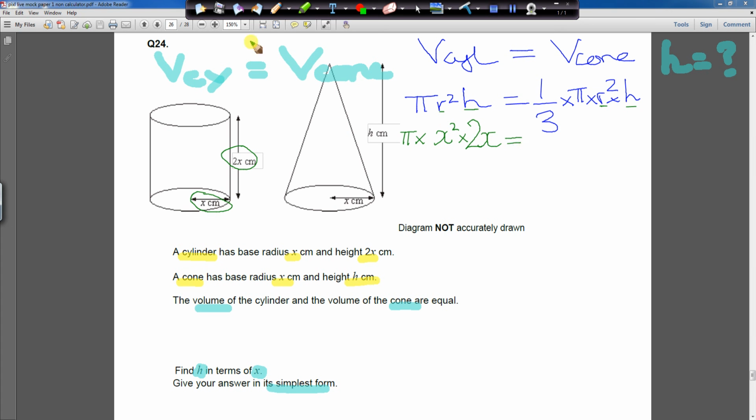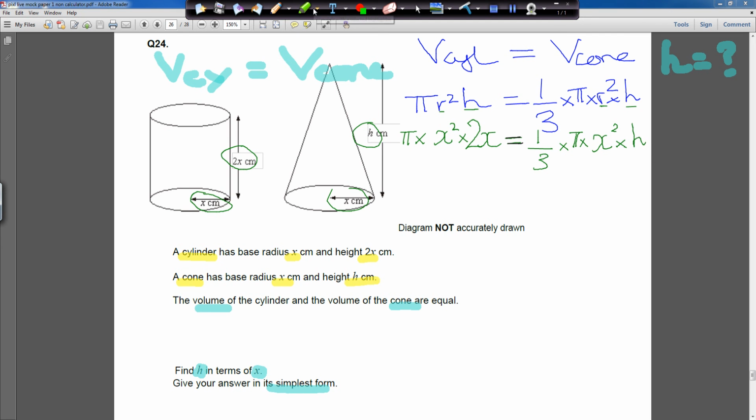And that is equal to 1/3 times by pi times by the radius, which is still x, so it's x squared, times by height. The height actually is just h.